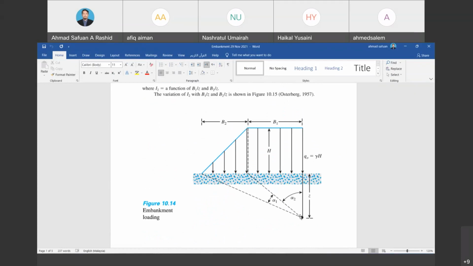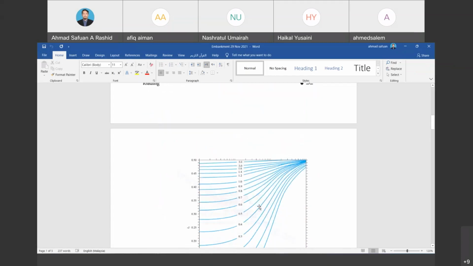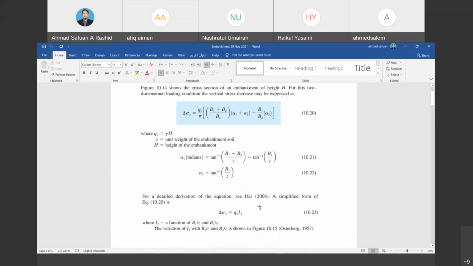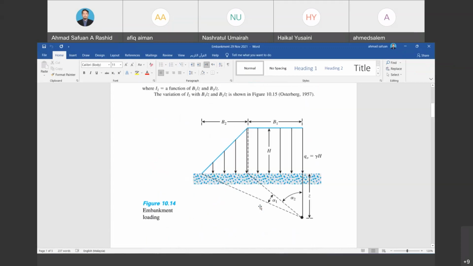Definitely the highest stress is at the center of the embankment. However, if the question asks us to determine the stress at the edge of the embankment, we can still use the Osterberg chart or the 10.20 equation.